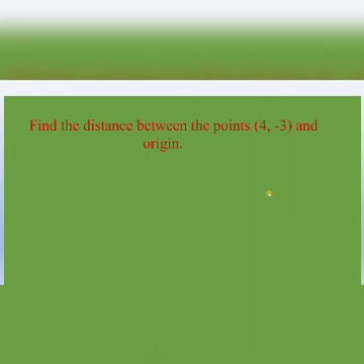Let us calculate the distance between the points (4, -3) and the origin. Now you know one set of coordinates is given, and the other set of coordinates is the origin, (0, 0).